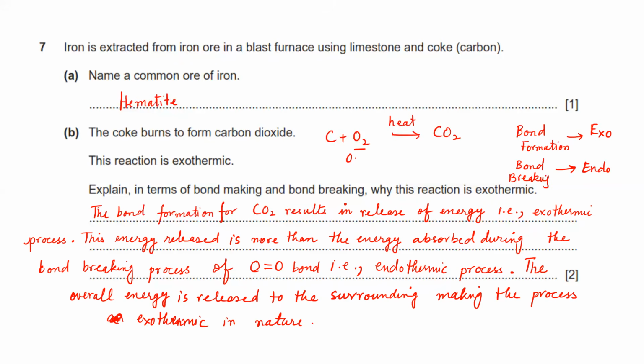Here the oxygen-oxygen double bond is breaking, and the new carbon-oxygen double bonds are forming. This is formation, this is breaking, which is endothermic and extracts heat from the surroundings, while formation generates heat to the surroundings. That is why the whole process is exothermic, because the heat given to the surroundings is more than the heat extracted from the surroundings.